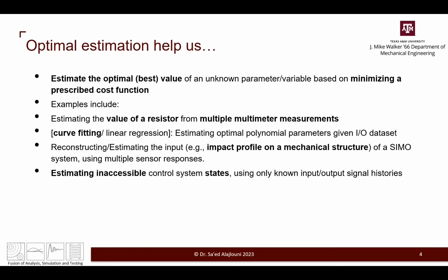Also, if we have inaccessible states in a control system that we want to estimate based on some observations, for example, if we have a pressure cooker and the input to this pressure cooker is the heat of the stove, and you can measure the pressure, but you would like to know the temperature inside the pressure cooker.